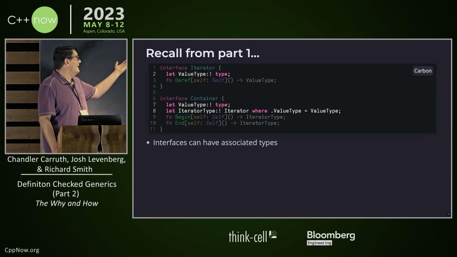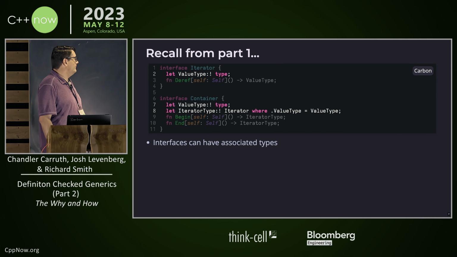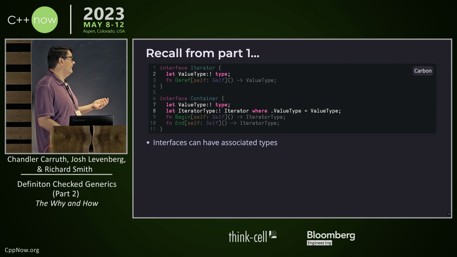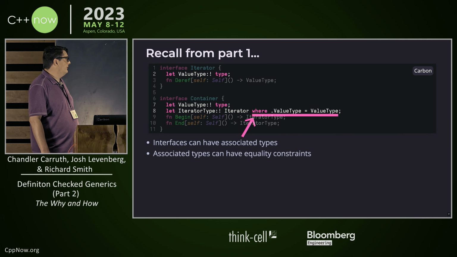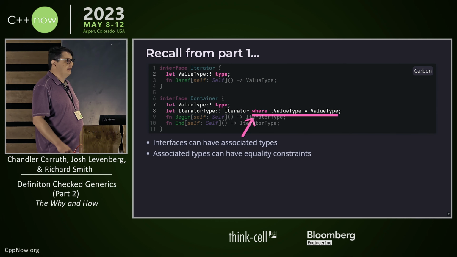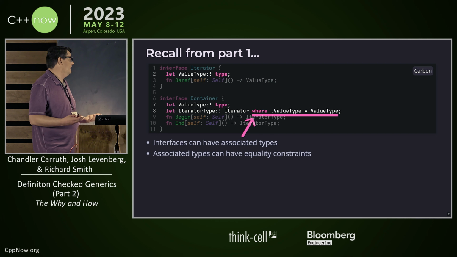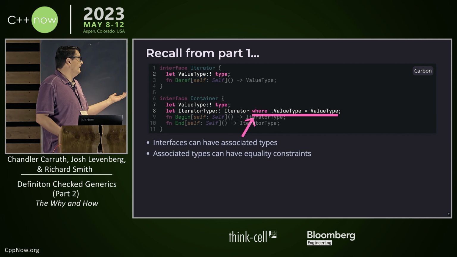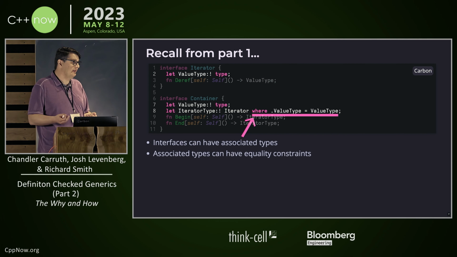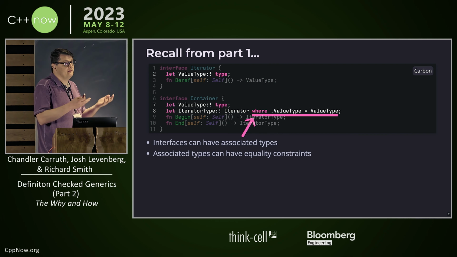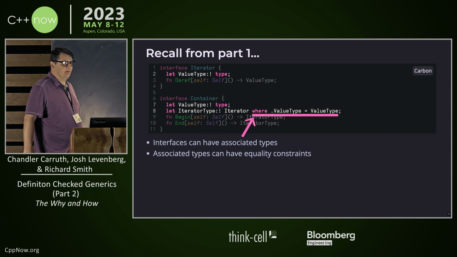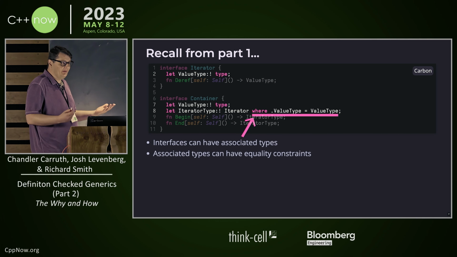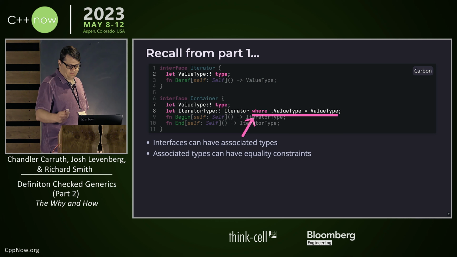So we say an iterator has an associated type called value type, and container has a value type and an iterator type. And sometimes we want to constrain that these associated types have particular values. So in this case, we're saying, in order for a type to be a container, it's going to have a value type, it's going to have an iterator type, but the value type of the iterator must be the same as the value type of the container. Does that make sense? Okay.